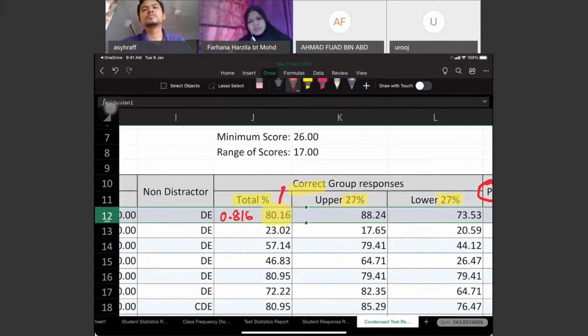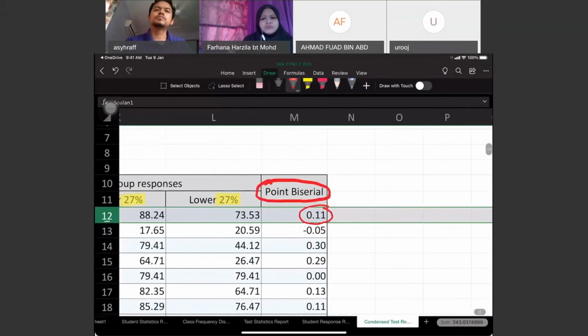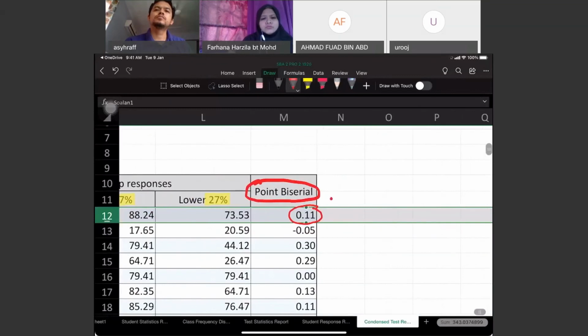So it is an easy question. More than 80% were able to answer. So that 80% includes both the good students and the bad students, only a bit more of the good students.